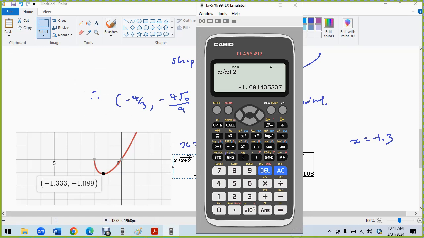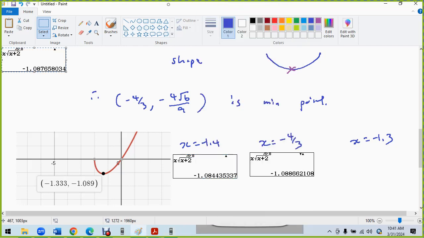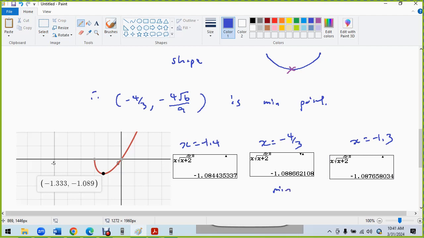And then after that, I substitute with negative 1.3. So these two values are larger than this value. Negative 1.89 is the smallest value. The other two are larger than this. So this is a minimum. So in the exam, we can check the before and after, just substitute into that y. Then you know whether it's maximum or minimum.